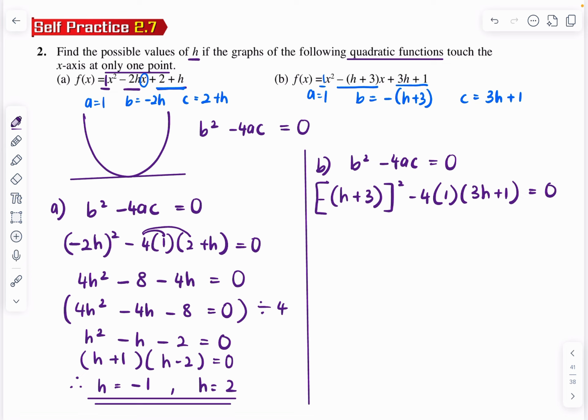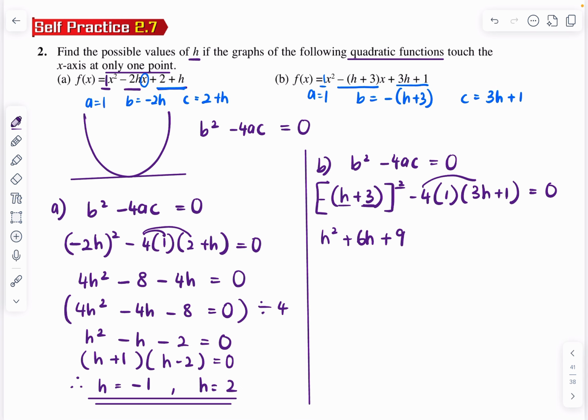So if we square this, the negative square will become positive. So it's just h plus 3 square lah. So this will give us h square plus 2 times h times 3, which is 6h, plus 3 square. Here, negative 4 times 3h, negative 12h, negative 4 times 1, negative 4.